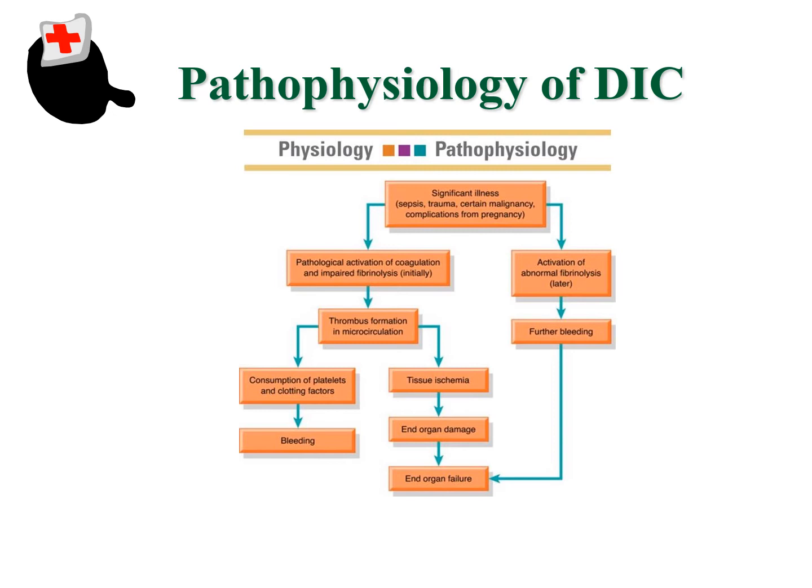And so the body ends up breaking down the clots, which leads to more bleeding. So it is a pretty vicious cycle. Again, it is life-threatening, and we want to be able to treat this appropriately and fast.